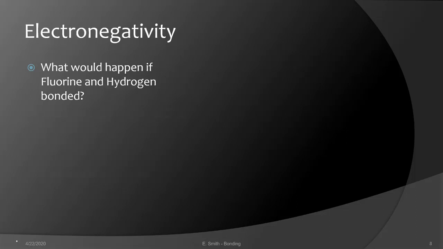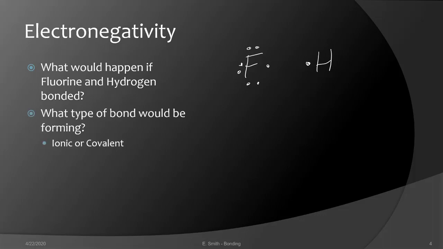Now, what happens if we change the scenario? What happens if we have fluorine, ladies and gentlemen, that is now bonded with hydrogen instead of another fluorine? Now, if we look at this, first off, hydrogen is a nonmetal, fluorine is a nonmetal. So my question to you is, what type of bonding is going to take place?